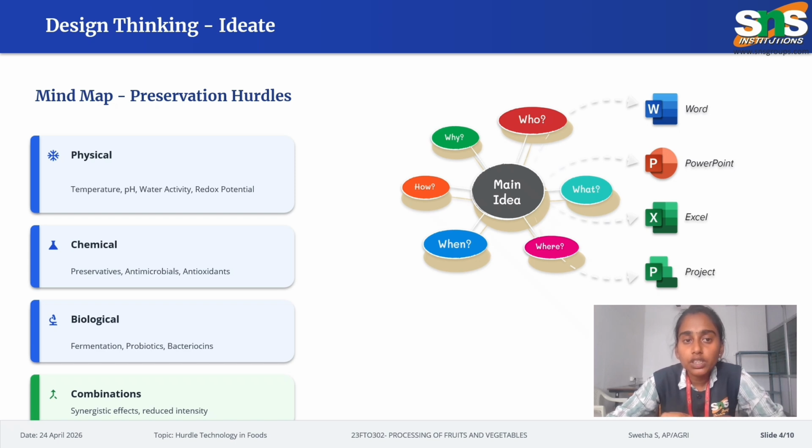There are also chemical hurdles like preservatives, antimicrobials, antioxidants, pesticides, insecticides, etc. Biological hurdles include microbes, fermentation, probiotics, prebiotics, and bacteriocins. Combinations give synergistic effects, the highest level of effect, and also a reduced intensity effect, in the ideate stage of preservation hurdles.